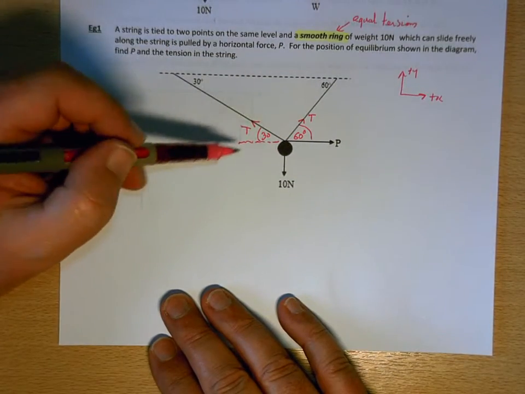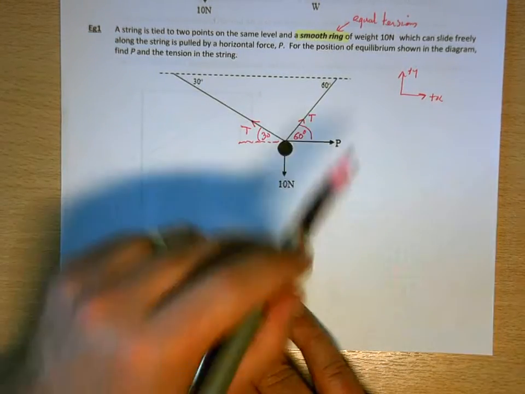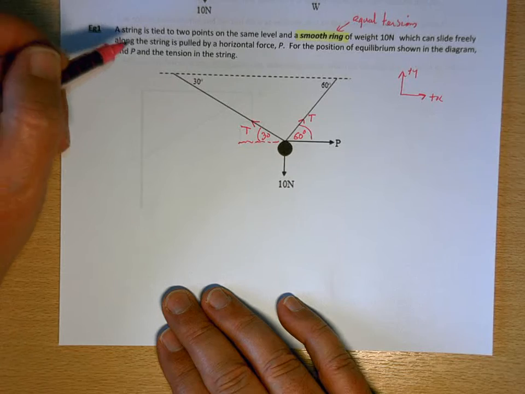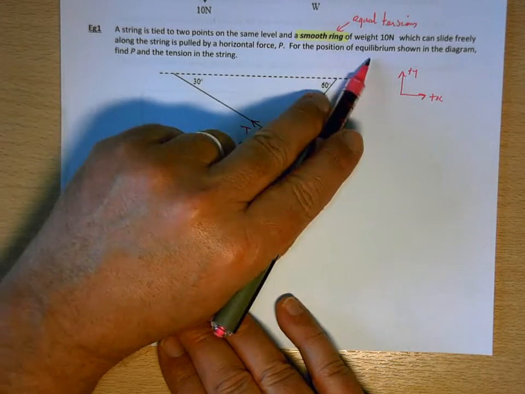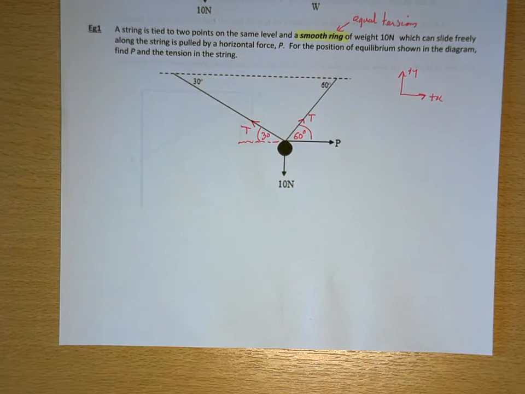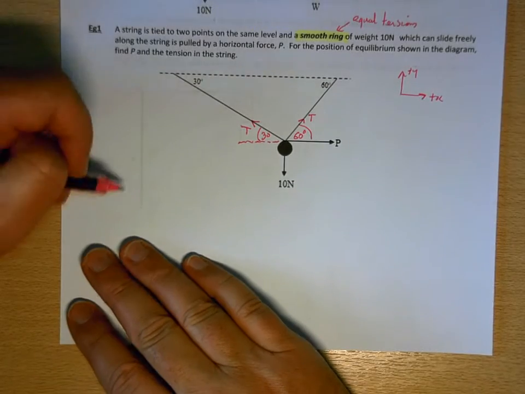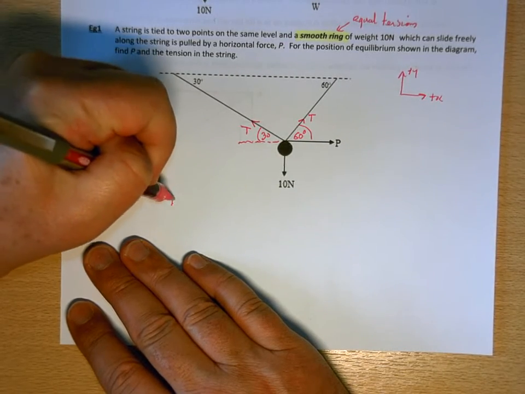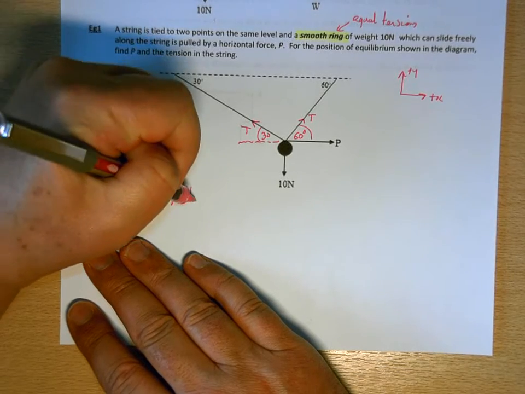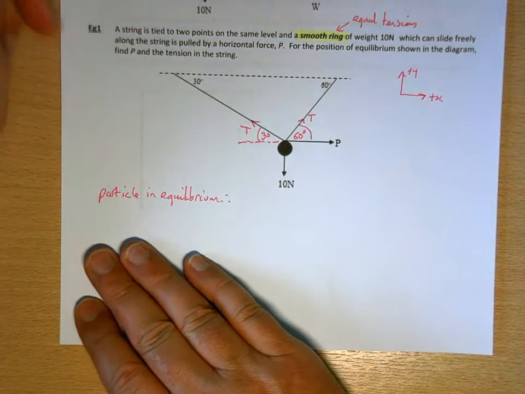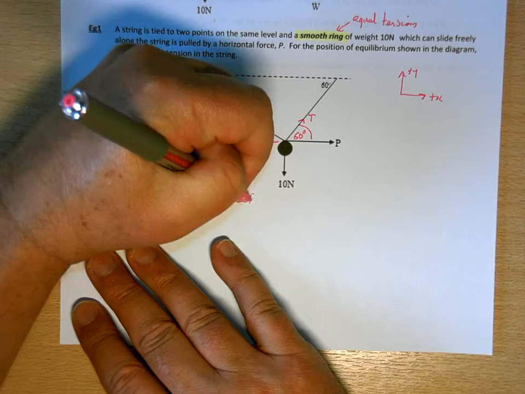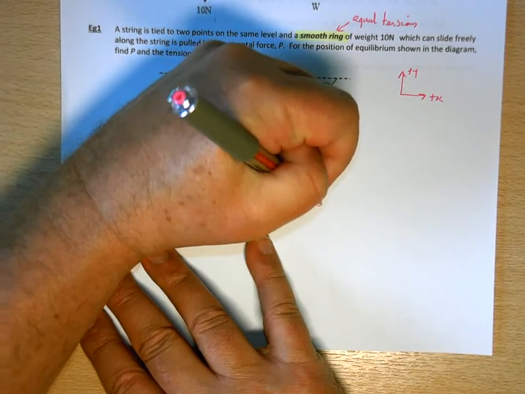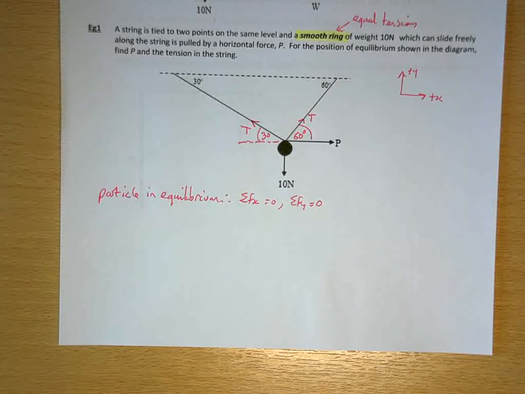So the smooth ring indicates that those tensions are the same. We've covered that there. And I know it's in equilibrium, because it tells me there. So I can say particle in equilibrium, therefore sum of the x components of the force equals 0, sum of the y components of the force equals 0.